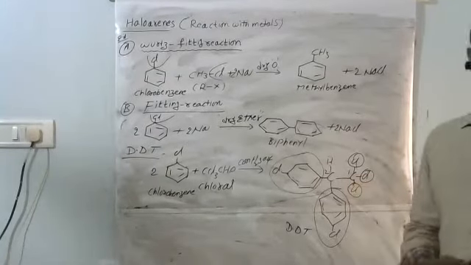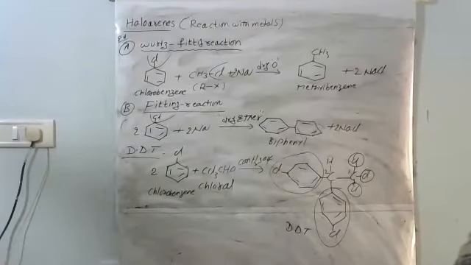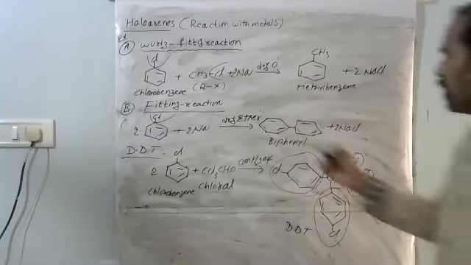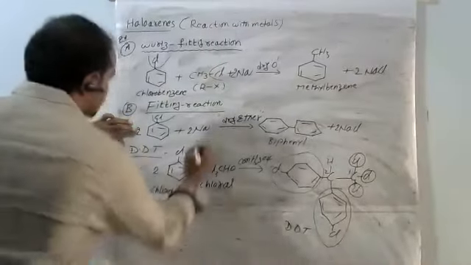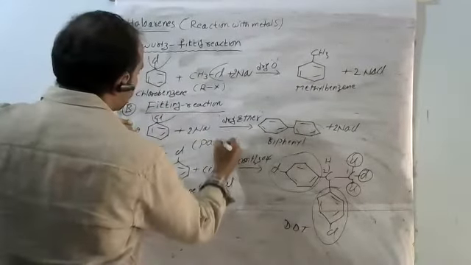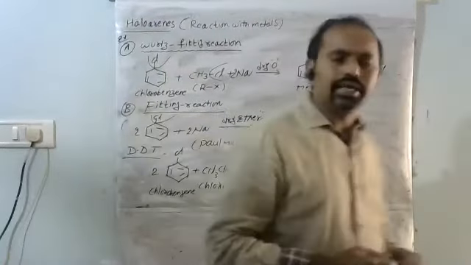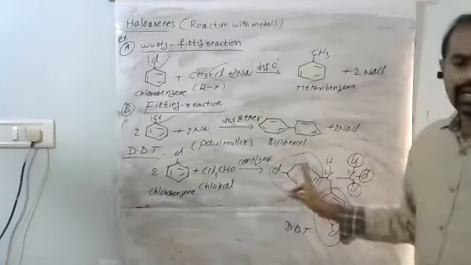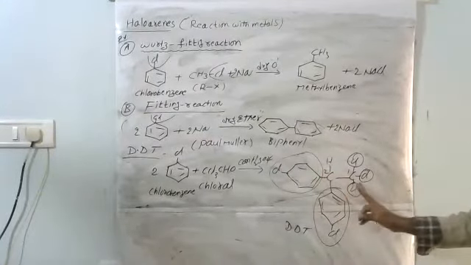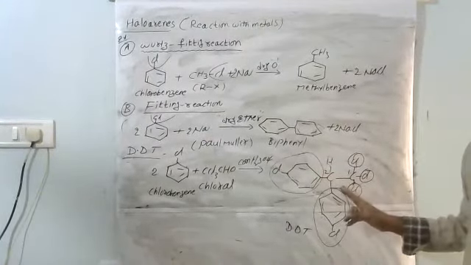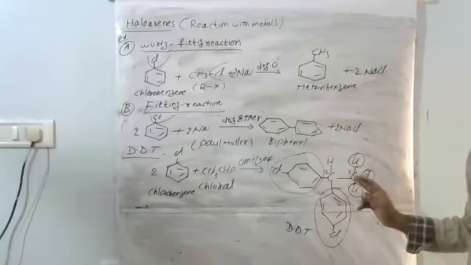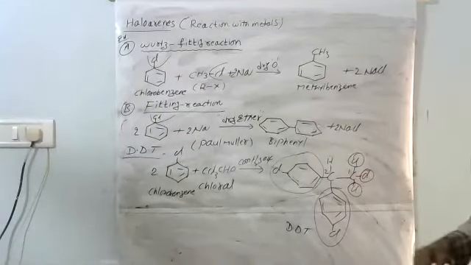So DDT was discovered by the scientist Paul Muller. Here DDT is mainly used as an insecticide against malaria.